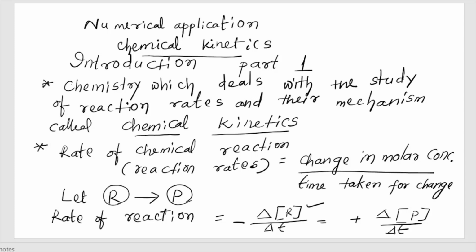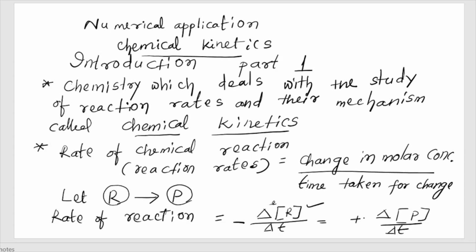The concentration of R has a minus sign with time T. So what is the meaning of negative? The negative sign in the molar concentration of R has no mathematical value. It only indicates that the concentration decreases.